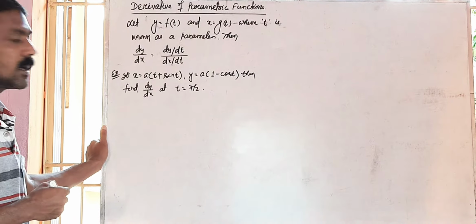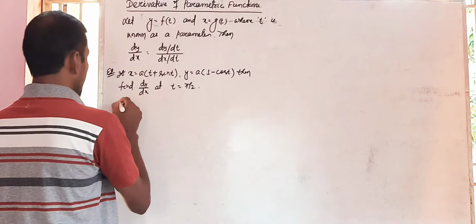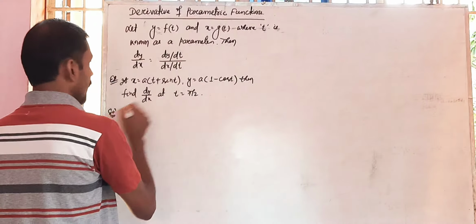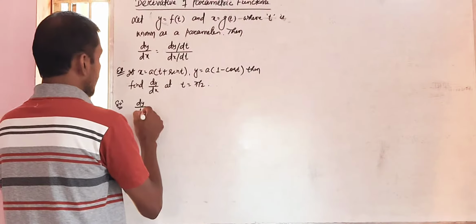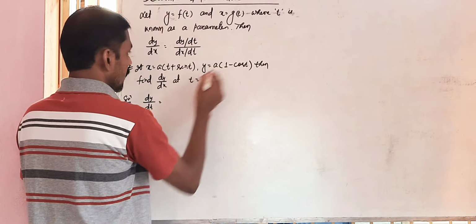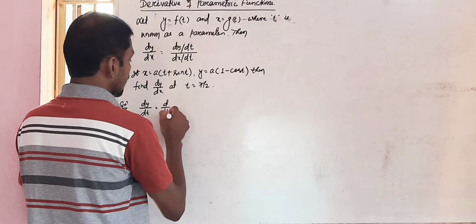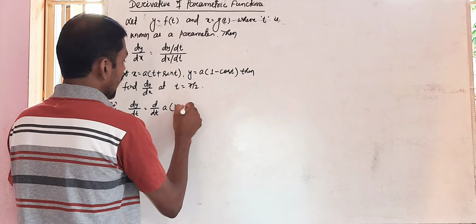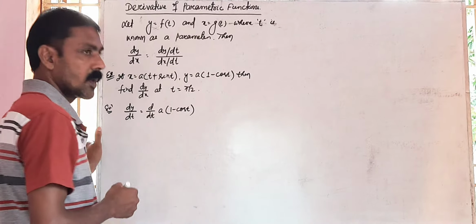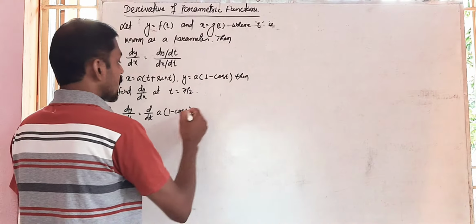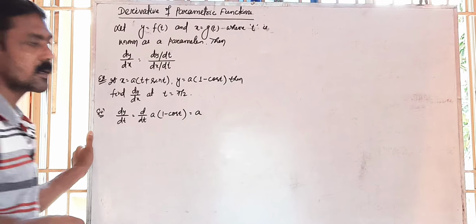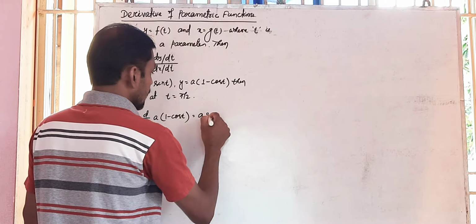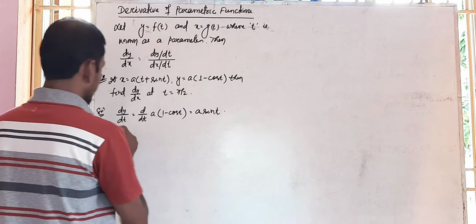So it is y and x. First we find the solution. Here it is a function of t, so first we find dy by dt. dy by dt is d by dt of a into 1 minus cos t. a is constant, and the derivative of cos is minus sin, and with the minus here, we can write a sin t.